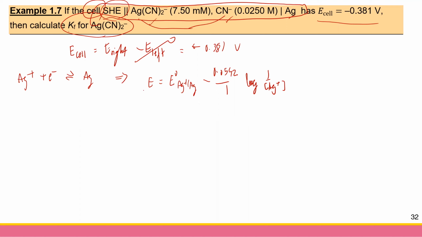E here is basically E right, so the E right here is minus 0.381. This number is from the table. So the standard electrode potential of silver is 0.799 volt. And you leave 1 over silver, right? That's because you do something about that later.